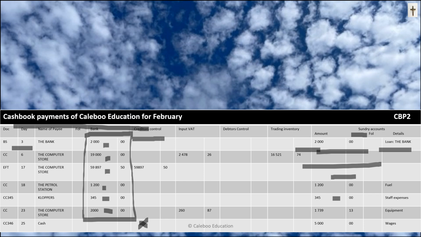So let's start with the loan. Now, this transaction here, Calibre Education paid an installment of $2,000 on the loan that they have with the bank. The information was recorded in the Cashbook payments, and now it is getting taken to the account in the general ledger.